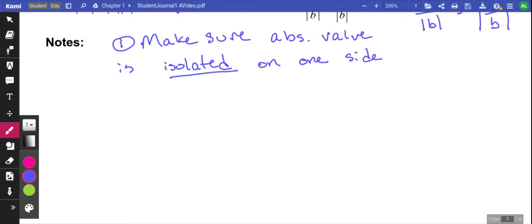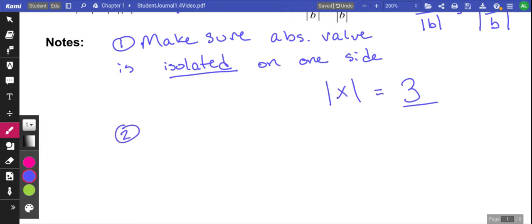Just like we isolate a variable, you want nothing but the absolute value expression on one side of your equation. So the first step for a lot of these problems is moving other terms and numbers so that you just have the absolute value equal to some number. Absolute value of x is equal to 3, something similar to that.